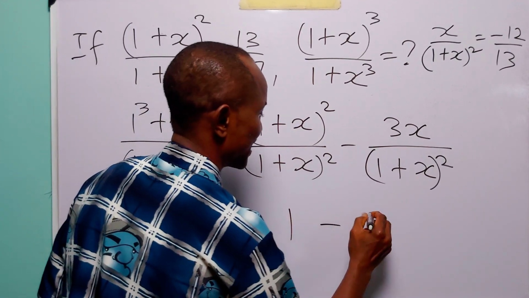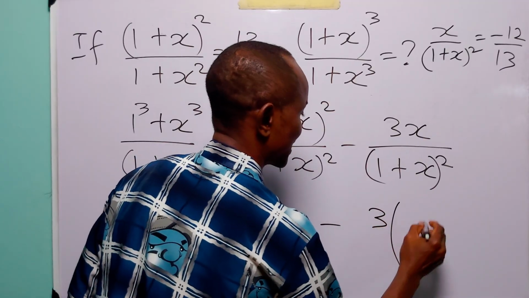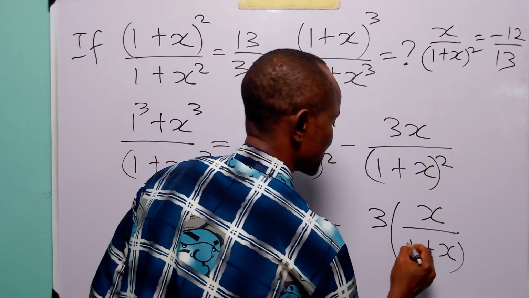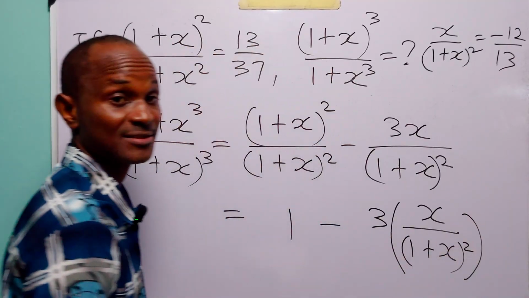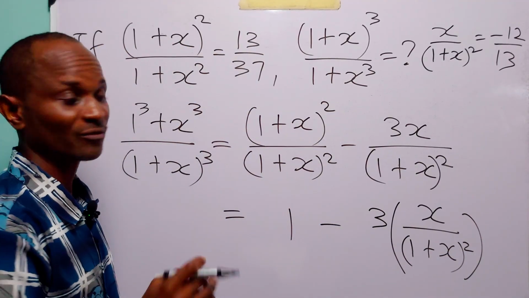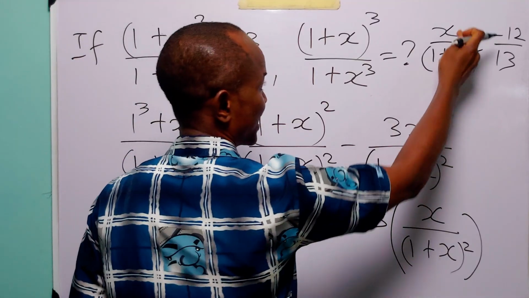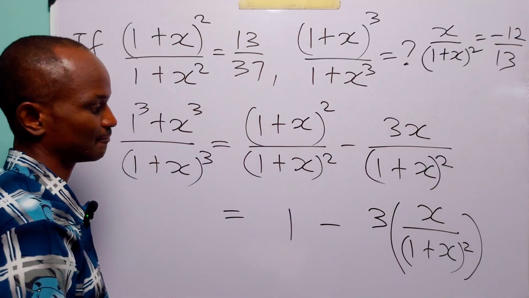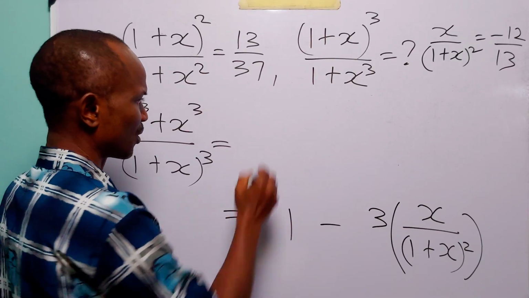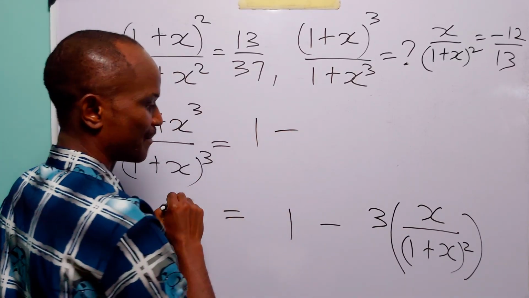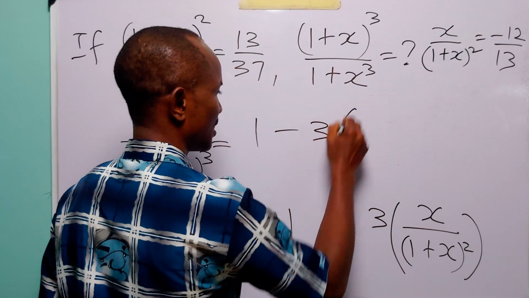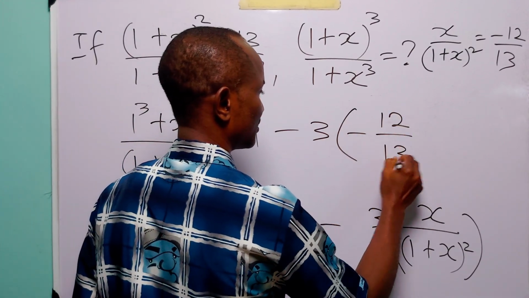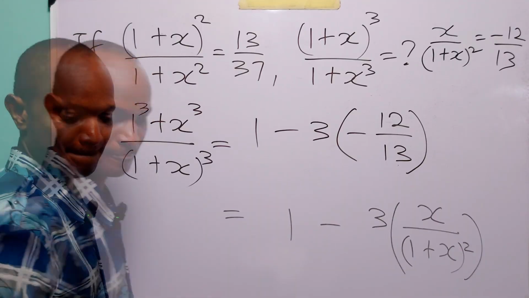And then we have −3 times x over (1 + x)². But of course, you know that we have found x over 1 + x² to be equal to −12 over 13. So this is simply equal to 1 − 3 multiplied by −12 over 13.